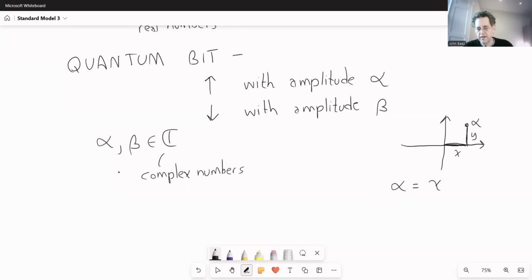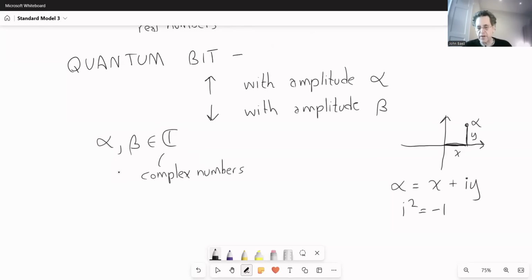And so we write alpha as x plus i times y, where i is a unit vector pointing in the imaginary direction. So i is some funky new number which has the property that i squared is equal to -1. At some point in the history of mathematics, people got fed up with the fact that there's no number that when you square it equals -1.